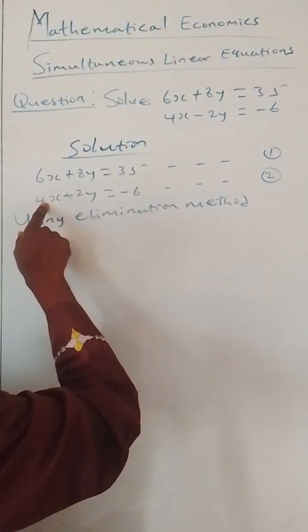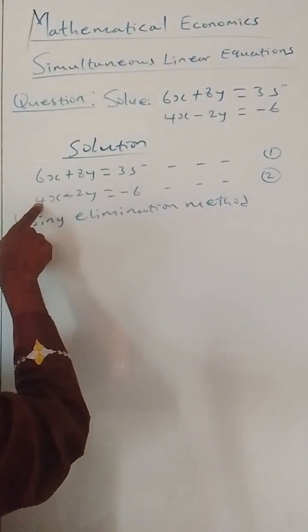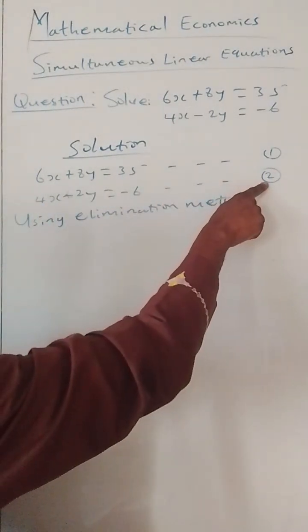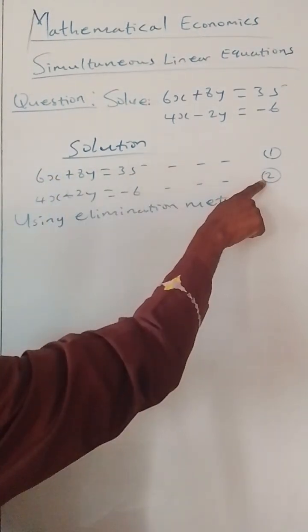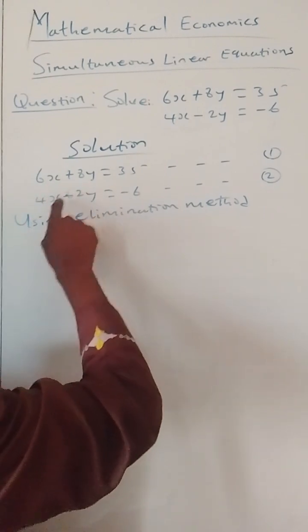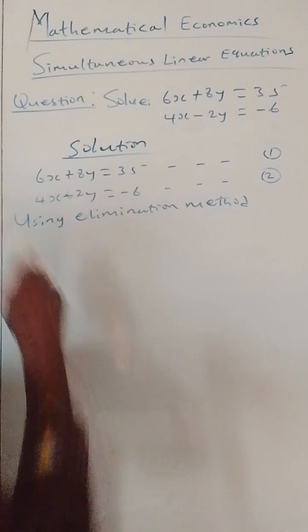If I want to eliminate x, I will multiply equation 1 by the coefficient of x in equation 2, and multiply equation 2 by the coefficient of x in equation 1.